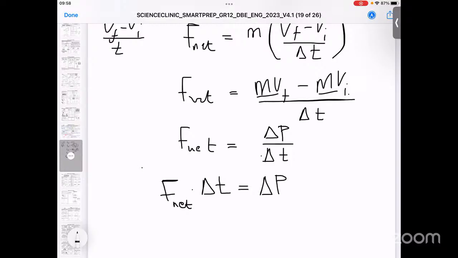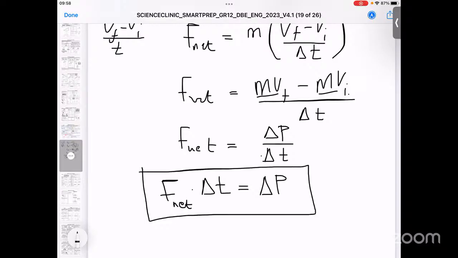And this is where that formula is coming from, whereby F is force, measured in newtons, and time, which we know in physics is measured in seconds. And then the momentum will always be measured in kilogram meters per second. Yes, so that's what we are having.